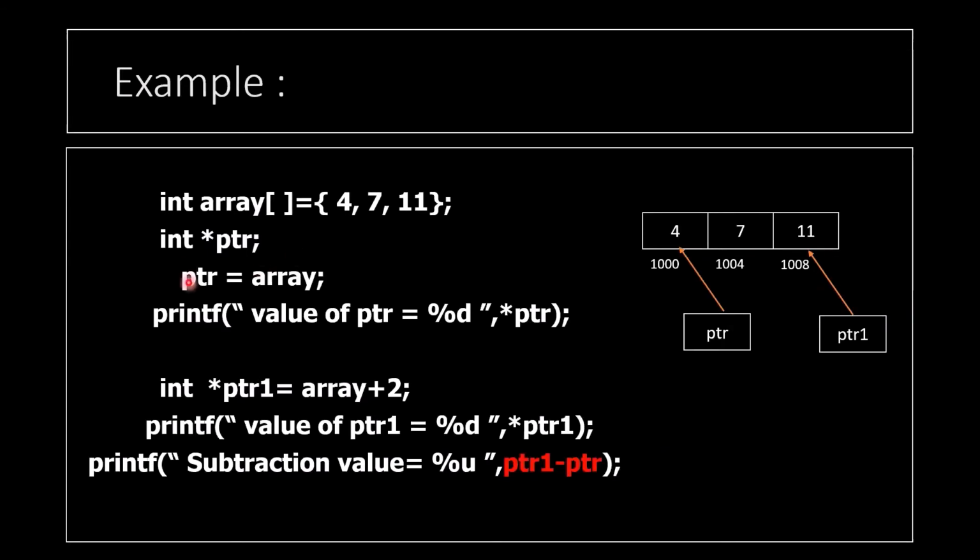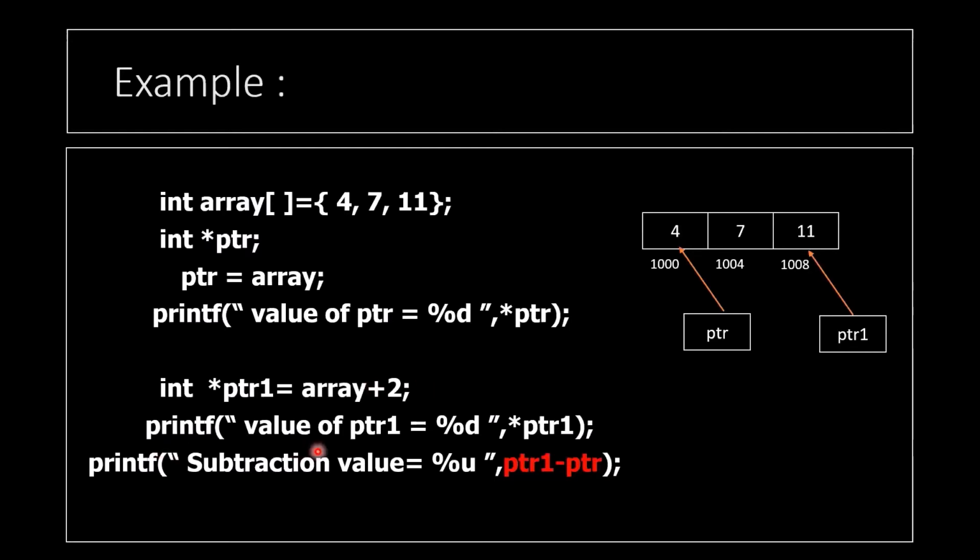The same example here as well. The only addition I have made here is one more pointer, pointer 1, and it is pointing towards array plus 2, meaning the 11, because 2 into 4 is 8, so 1000 plus 8, we are pointing towards 1008 right now.